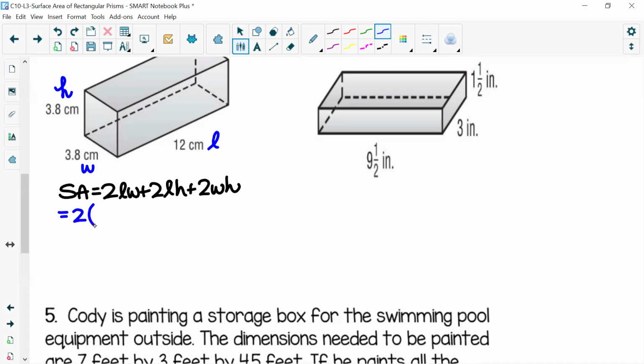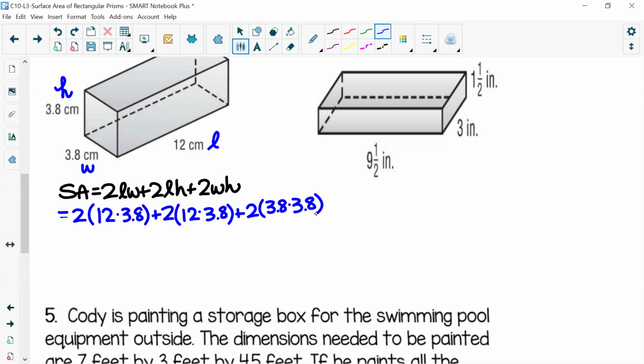So we have 2 times, our length is 12, our width is 3.8, plus 2 times, our length is 12 and our height again is 3.8, plus our width and height, and our width is 3.8 and our height is 3.8.